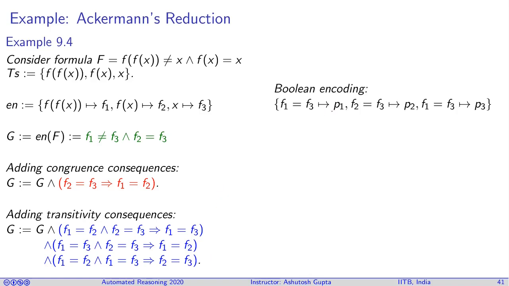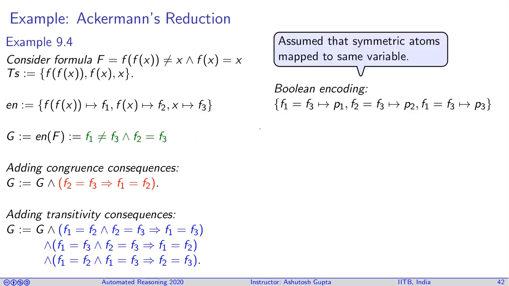We do the Boolean encoding, and we have three kinds of equalities: f1 equals f2, f2 equals f3, f1 equals f3. For each of them, we provide three Boolean variables, p1, p2 and p3, and translate these things into Boolean clauses. First, you replace f1 equals f3 by p1, then you get not p1 here, and this one gets replaced by p2.